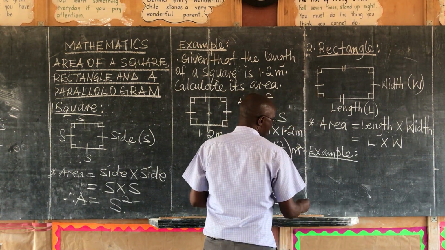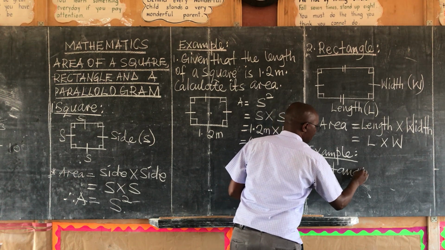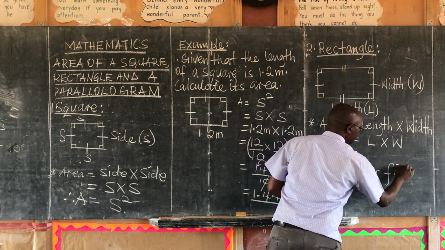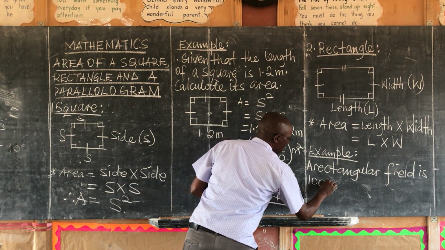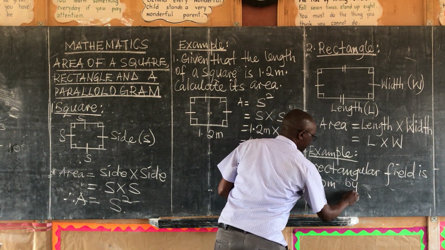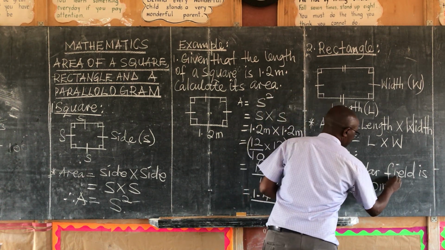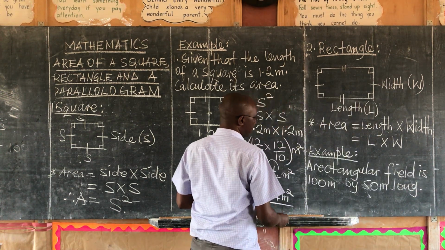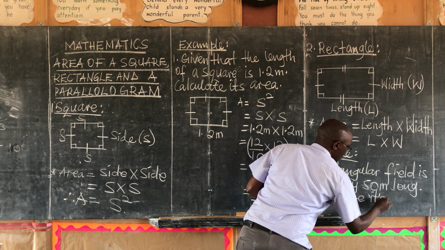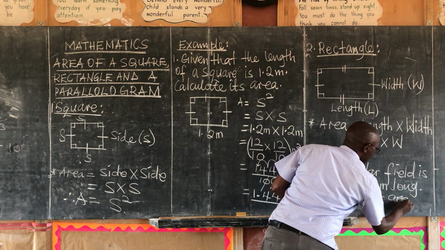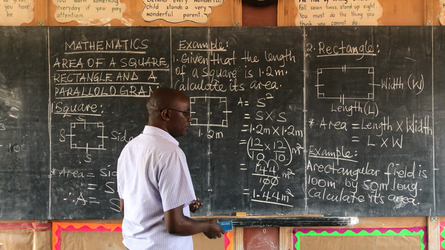Okay. A rectangular field is 100 meters by 50 meters long.